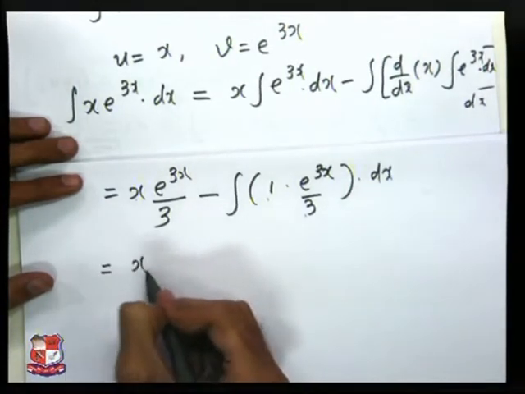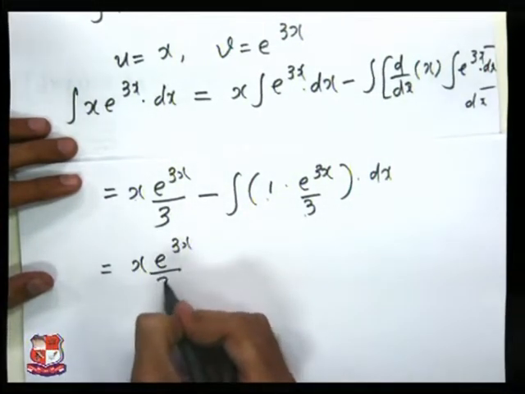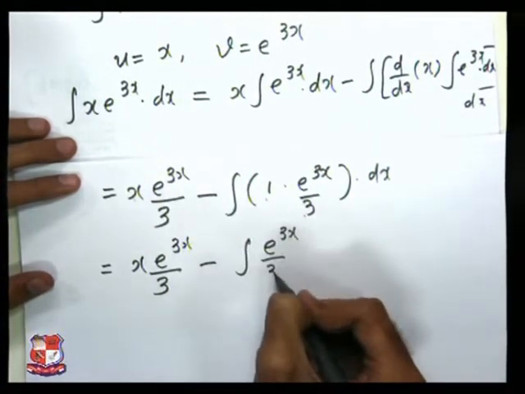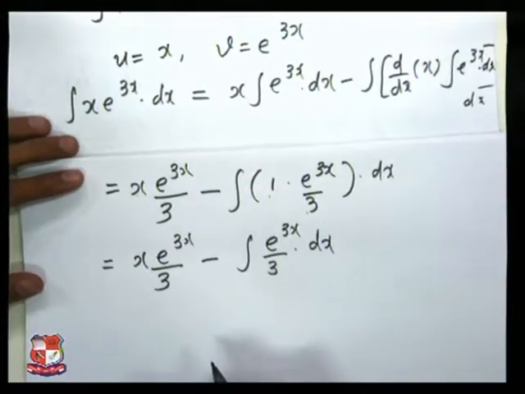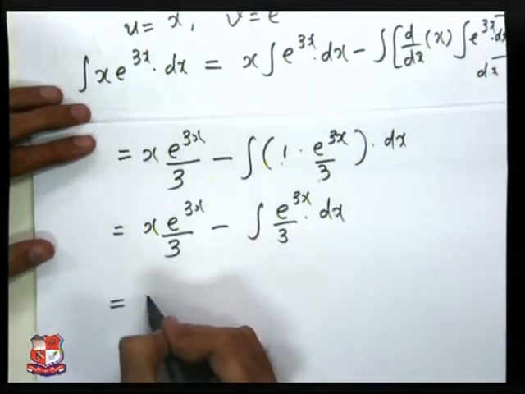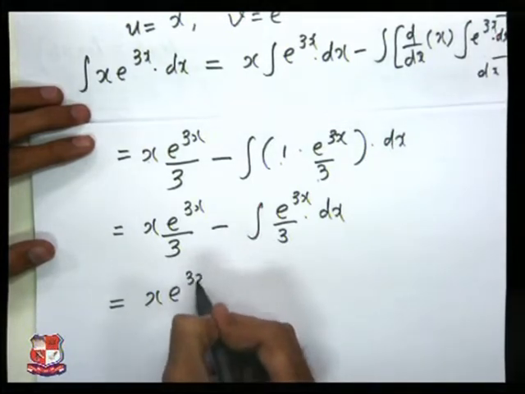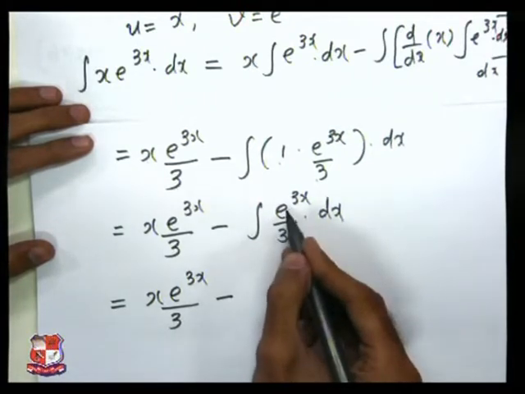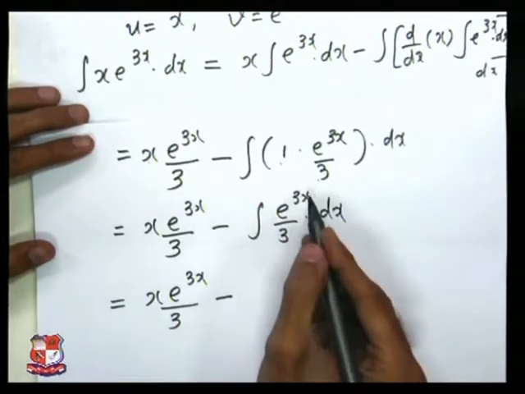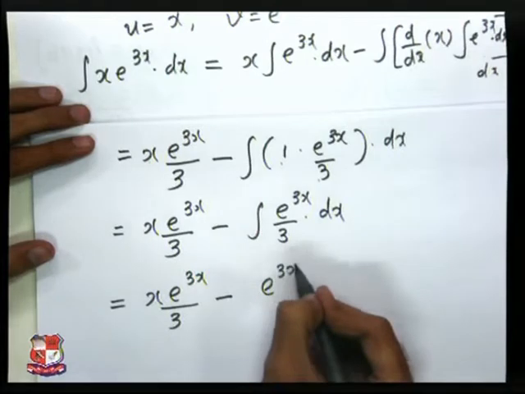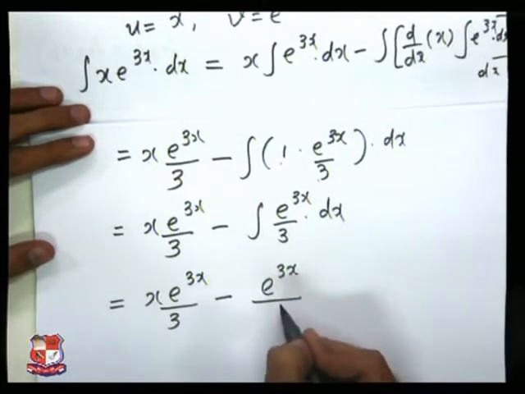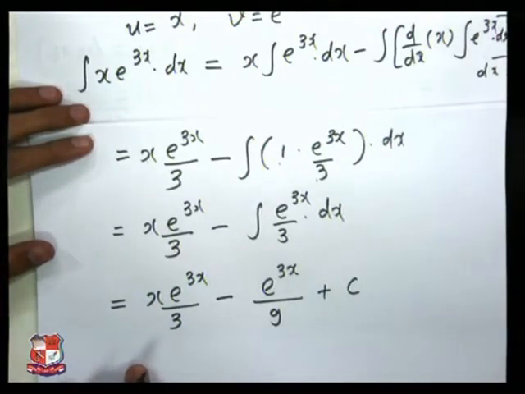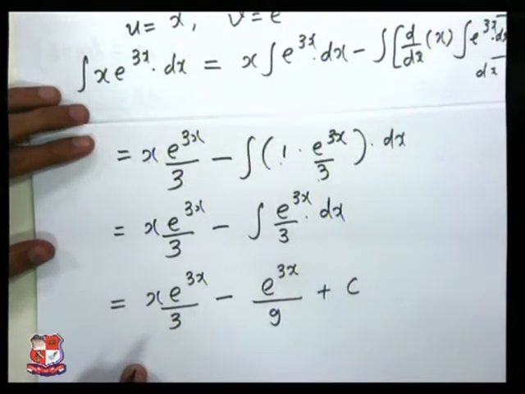So we will get x e raised to 3x by 3 minus the integration of e raised to 3x by 3 dx. So in the end we will get x into e raised to 3x by 3 minus again the integration of e raised to 3x, that is e raised to 3x upon 3 into 3, that is 9, plus c, which is the integration constant.